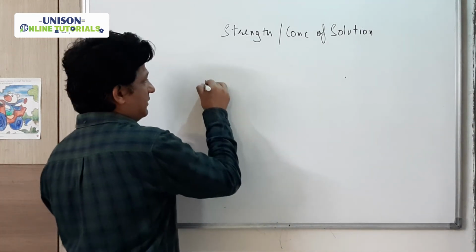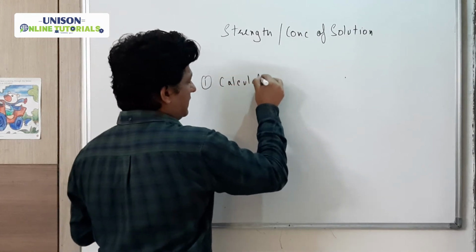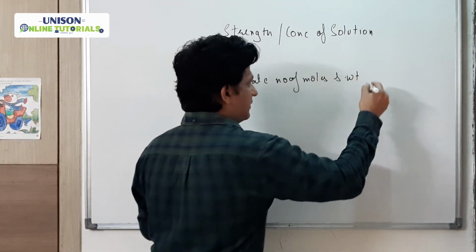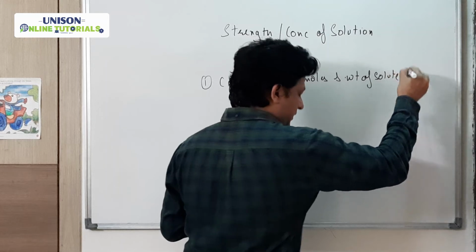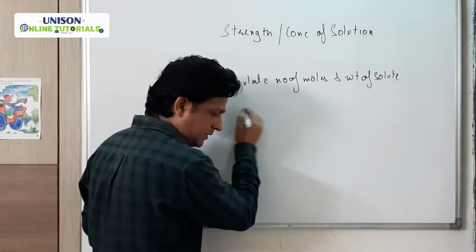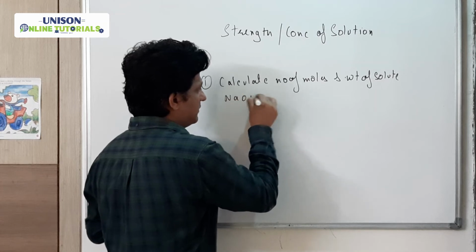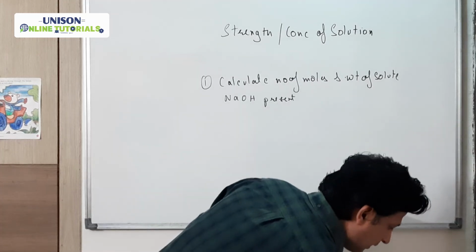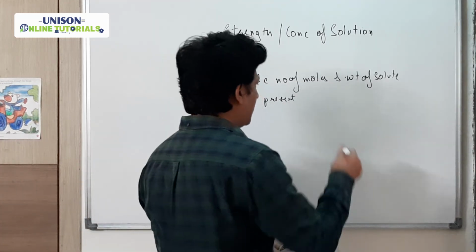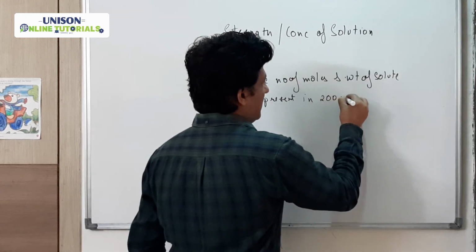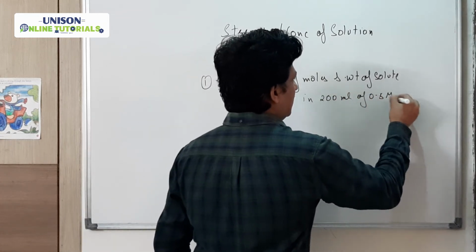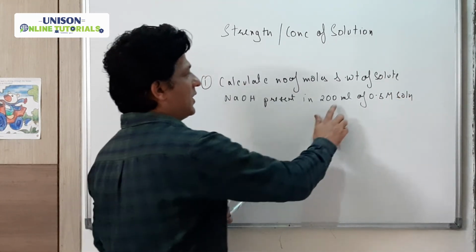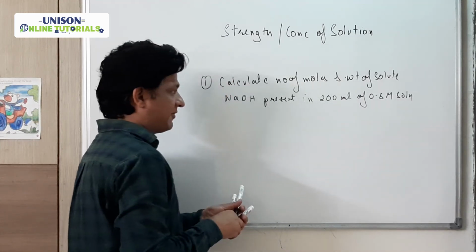You have to calculate number of moles and weight of solute NaOH present in 200 ml of 0.5 मोलर सॉल्यूशन. देखिए क्लियरली उसने यहाँ पर दिया हुआ है हमारे पास 200 ml है और 0.5 मोलर है. So we will apply the formula for molarity.